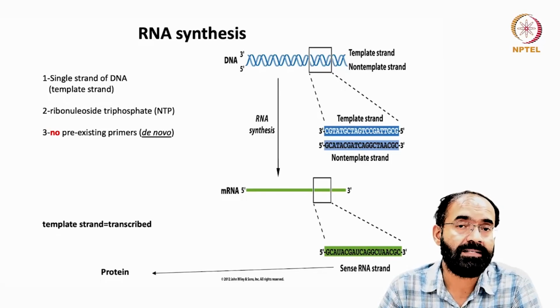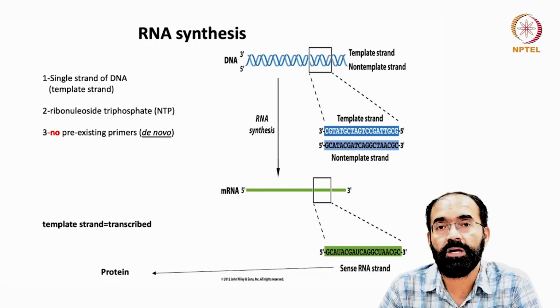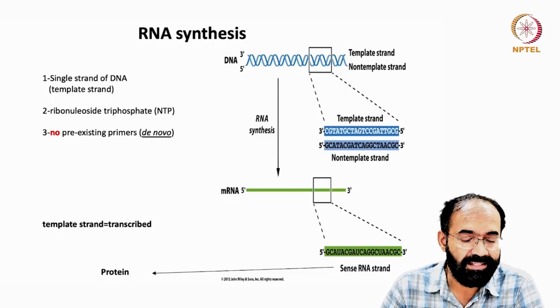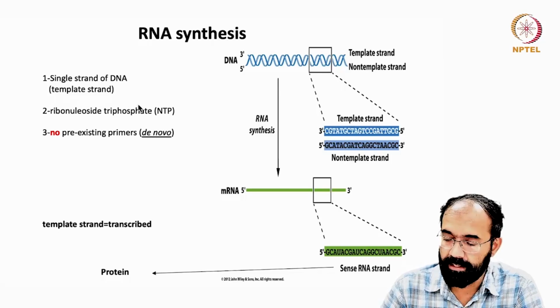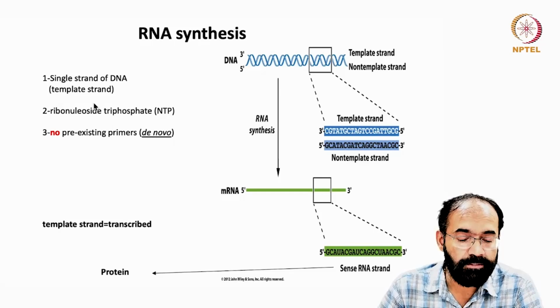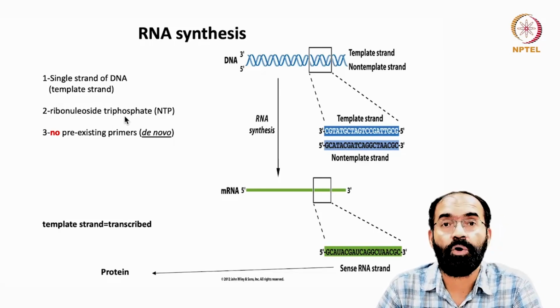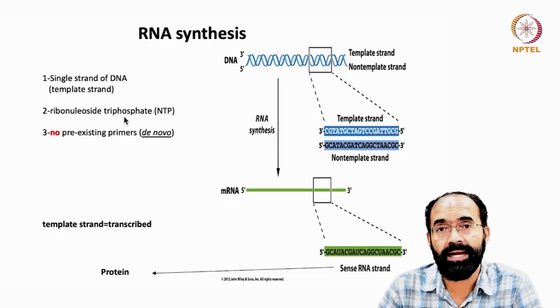That means a template that can make a copy of the opposite strand, making a complementary strand that is equivalent to the opposite strand, or the sense strand. So a single strand of the DNA participates in the copying of the RNA, and this process is called transcription, and the monomers used are nucleoside triphosphates, or NTPs.